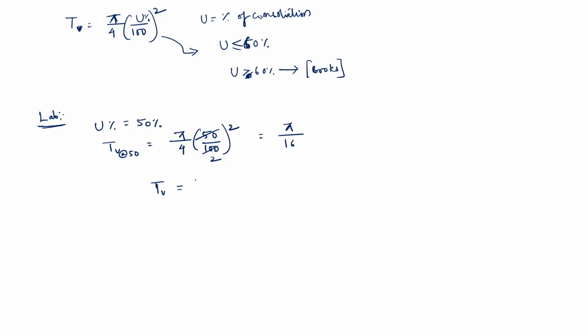Now we know TV is also CV t by D square, correct? Time factor does not have any units, because this is a percentage, which does not have any units. That's why TV does not have any units.